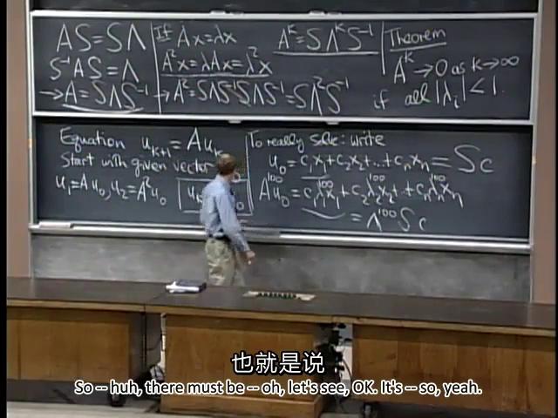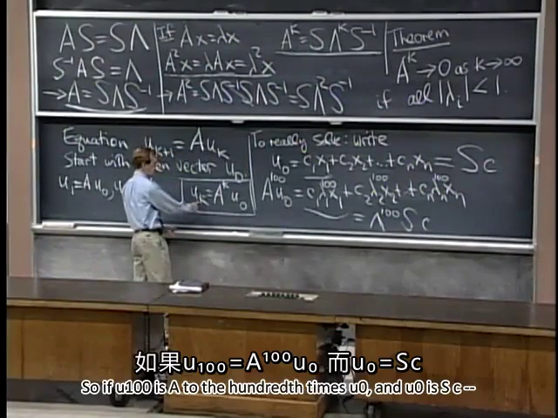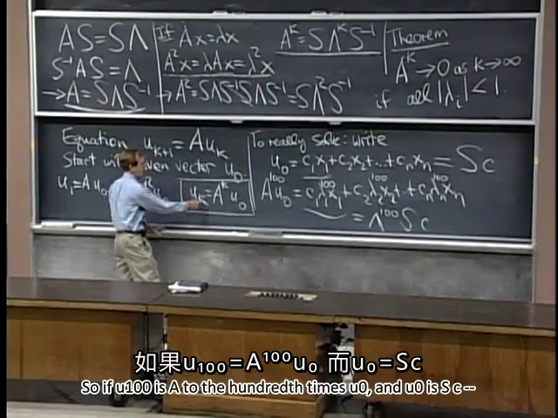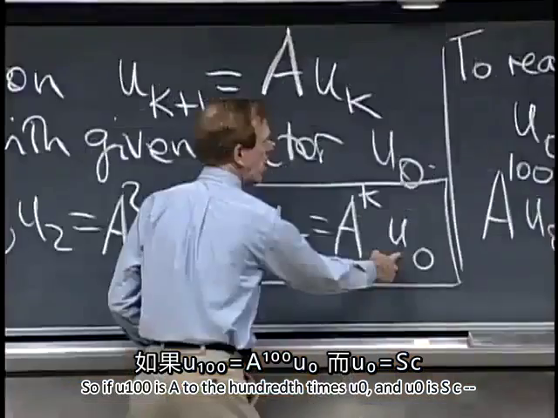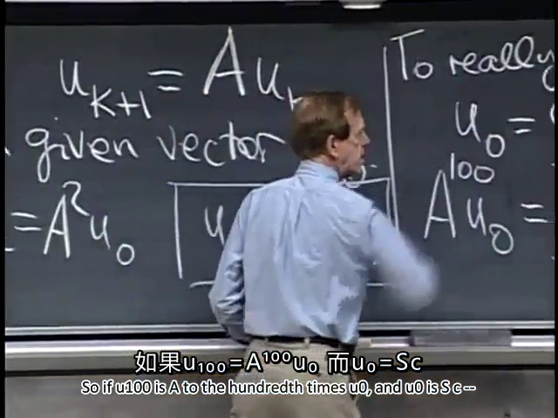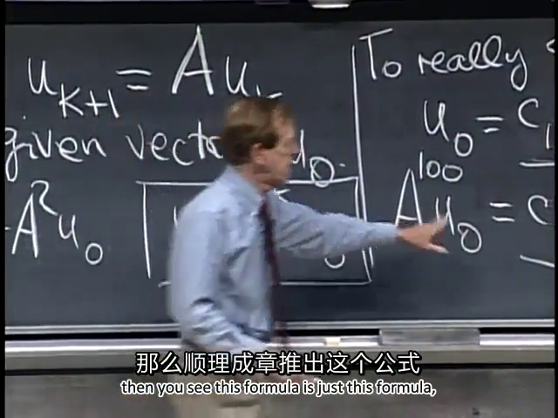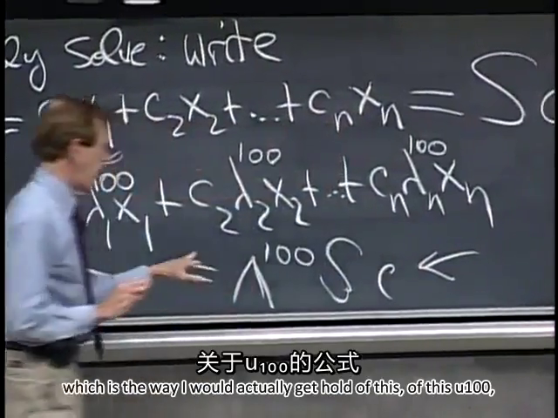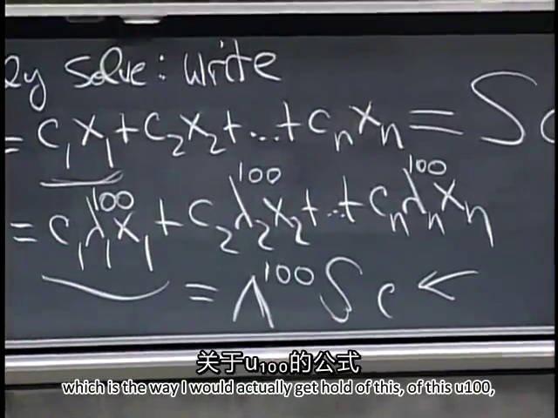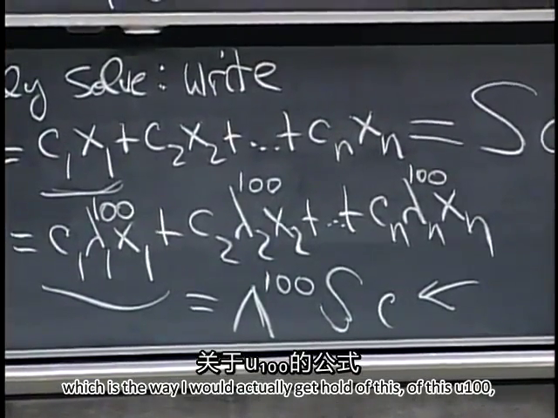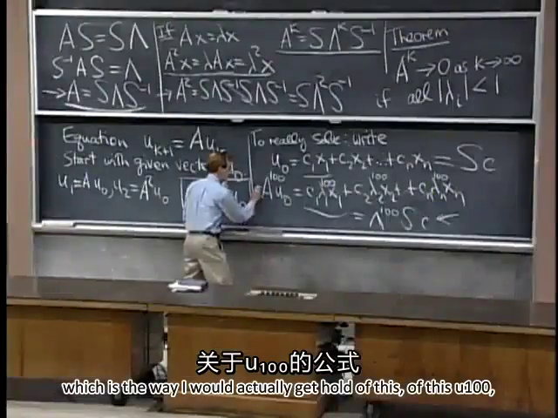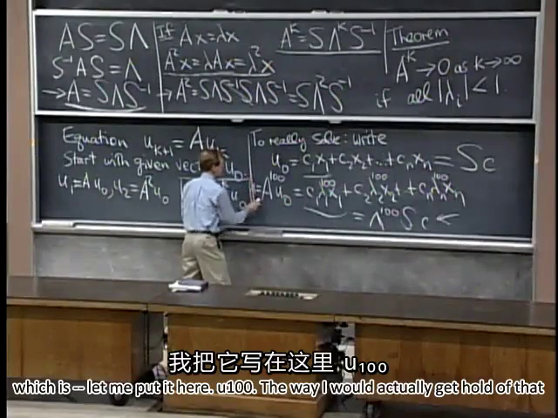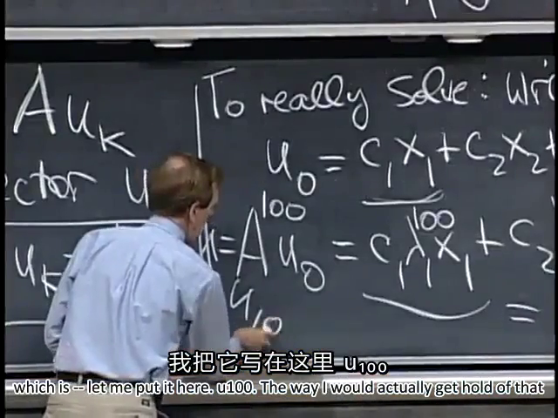So if u100 is A to the 100th times u naught, and u naught is S C, then you see this formula is just this formula, which is the way I would actually get hold of u100.